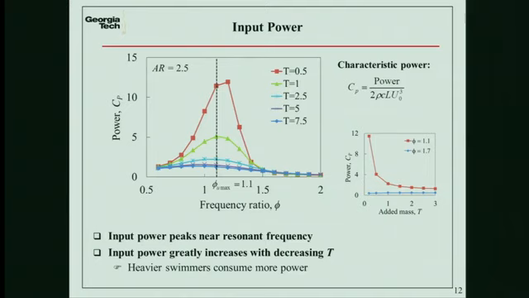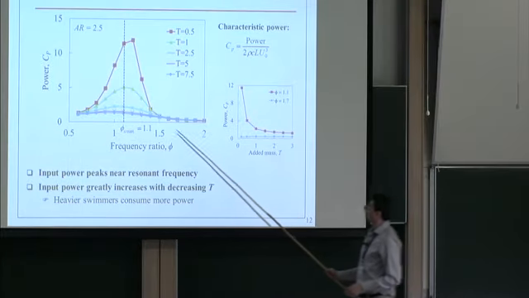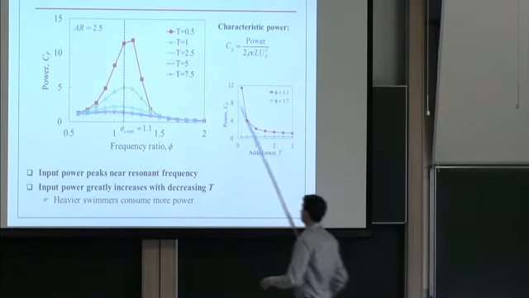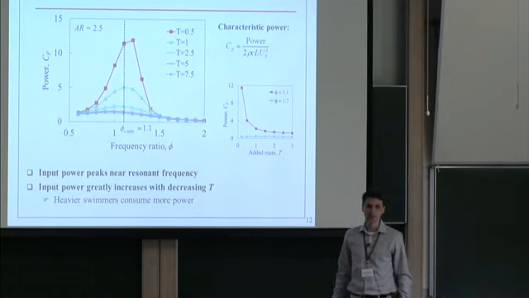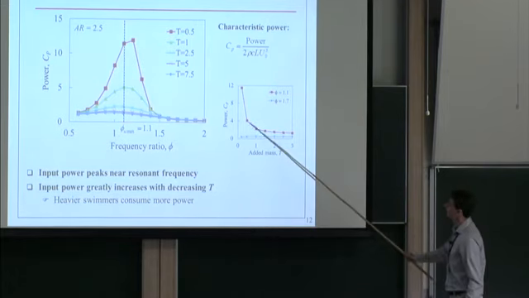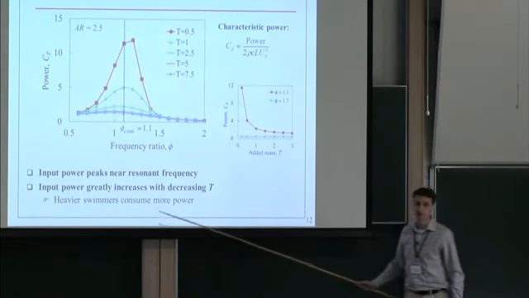We need some power to drive the swimmer. And if we measure the power, we see something really not good, actually, because power grows pretty much exponentially when we increase the mass of the swimmer. So it's really a sharp increase if we go to heavy swimmers. So 0.5 is the heaviest we tested here.